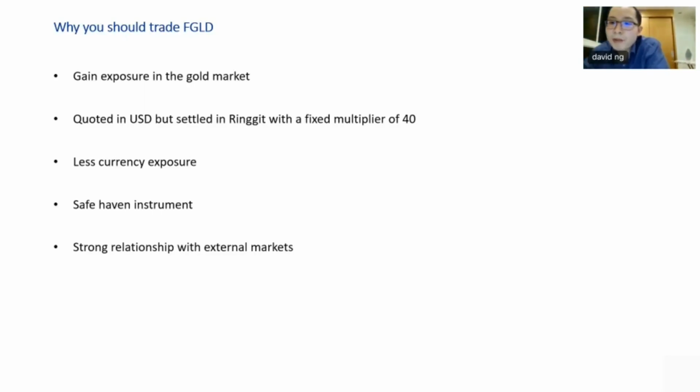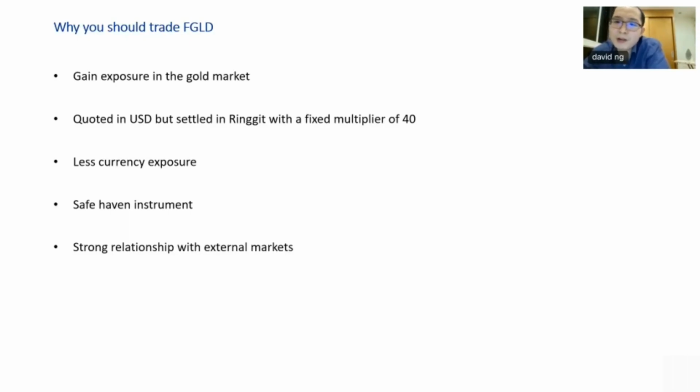Now, relating back to FGLD, the revamped product. Although it's quoted in US dollars, it is settled in ringgit, so in a way we are not exposed to the ringgit to US dollar exchange rate. We can still gain exposure in the gold market, but at lesser risk, as you don't face that kind of exchange rate fluctuation.